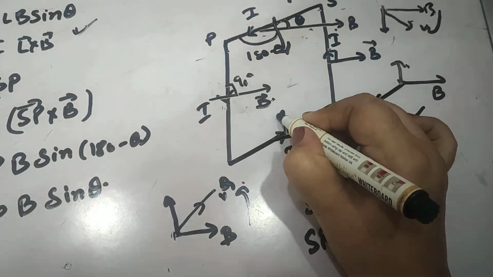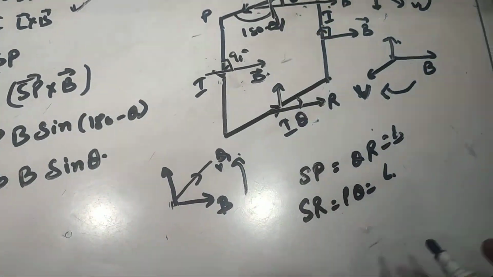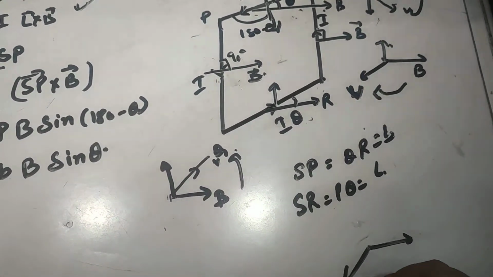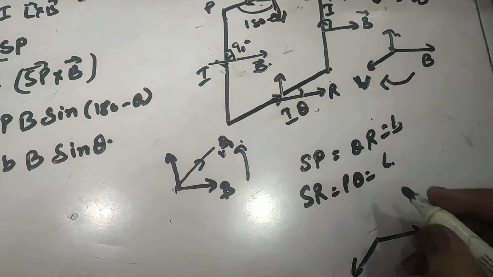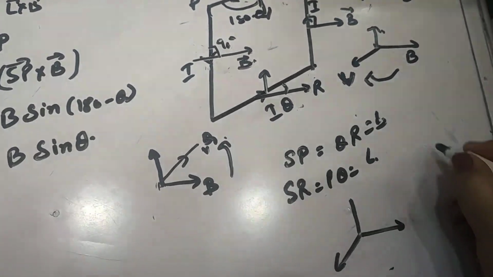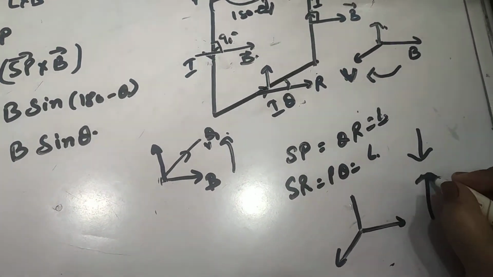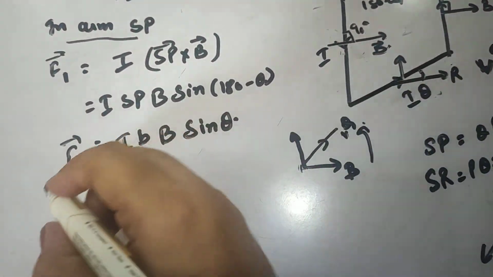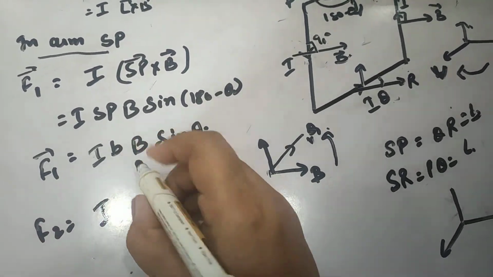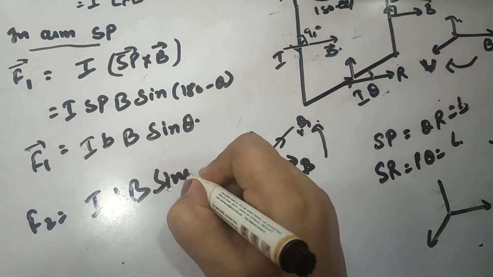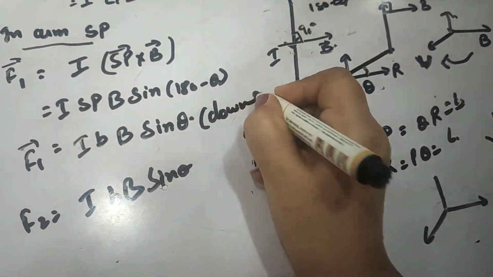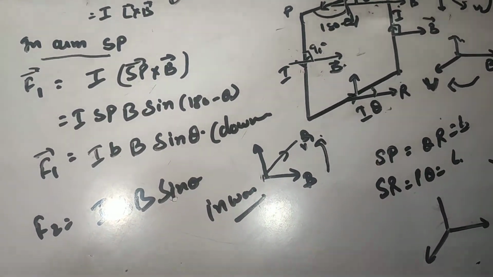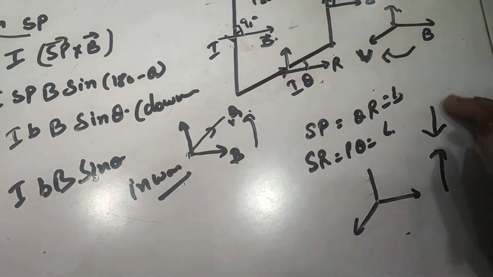Now both are acting along the line, like B is along this direction. In both cases V is along the Z axis, so the force is acting in the Y direction. One is acting downward, another is acting upward in the same line of force, so they cancel each other's effect. So we can write here F2 will again be I B B sine theta. This was downward and this was upward, so they cancel each other and the net resultant force is 0 since they are acting on the same line of force.